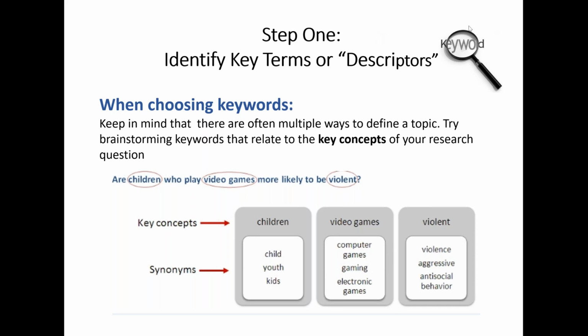Video games, same thing. We could do computer games, gaming, electronic games. And then with violence, it could be aggression or antisocial behavior. So again, there are different ways that we can define a topic. There are related terms and synonyms that we can use.